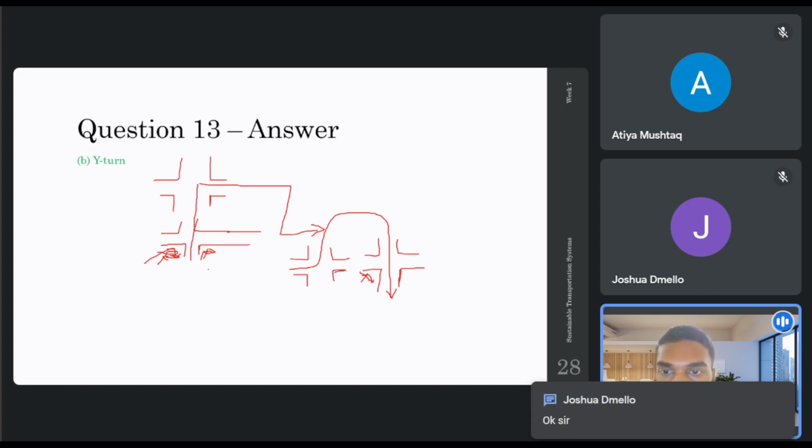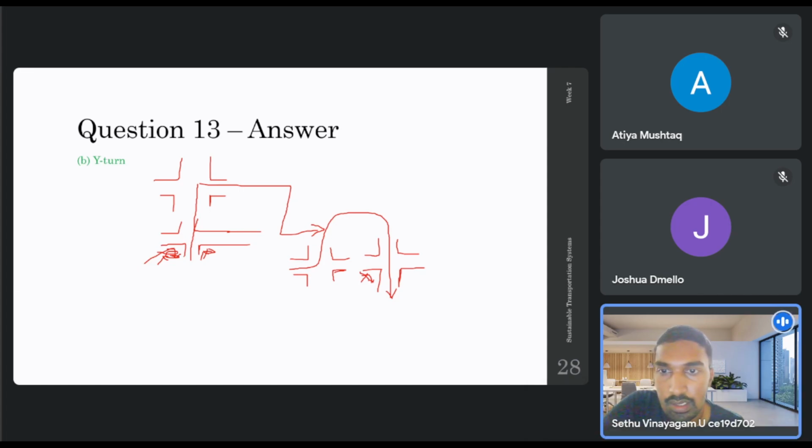And similarly, there is a Q turn. So in a Q turn, we'll take the same example here, right? Suppose people wanted to turn right here, and we are going to restrict it. So what will happen? They will be diverted to another intersection downstream, where they will take a turn and then come back, right?